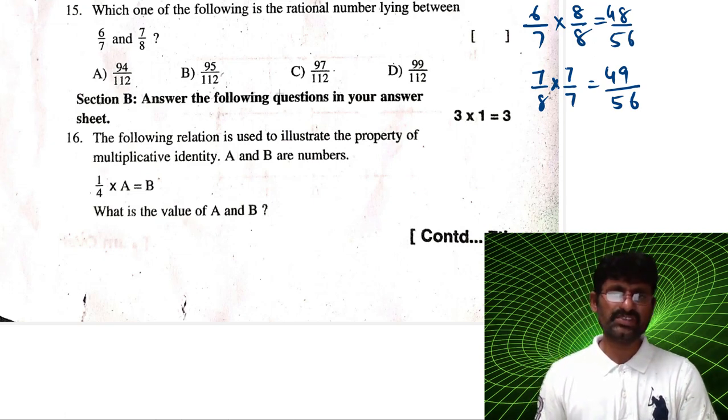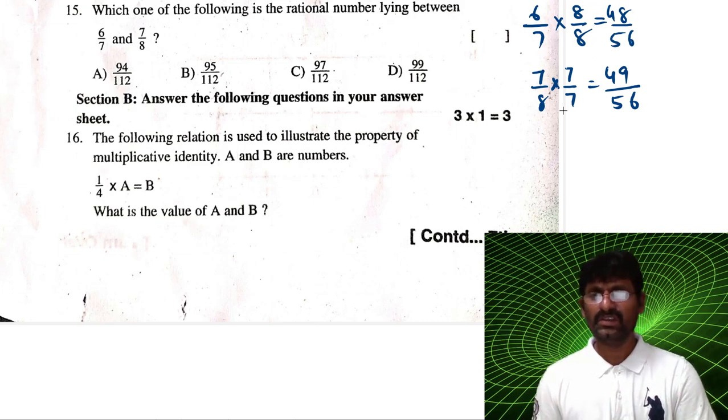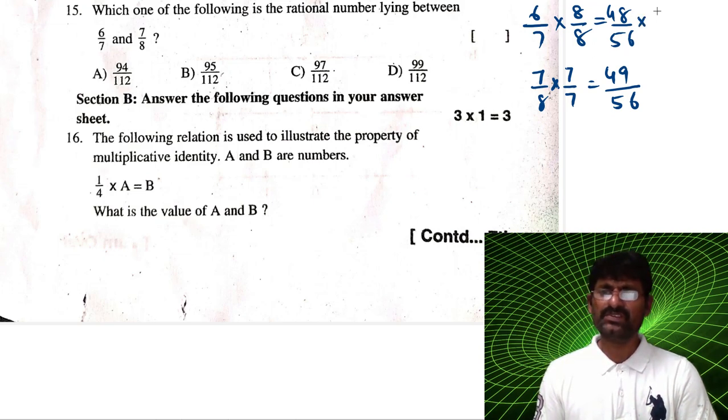Now here in the options you see, in each case in the denominator we have 112. So for that, let us multiply the resultant numbers with 2 by 2. So this will be equal to 48 times 2 will be 96, so 96 by 56 times 2 is 112.